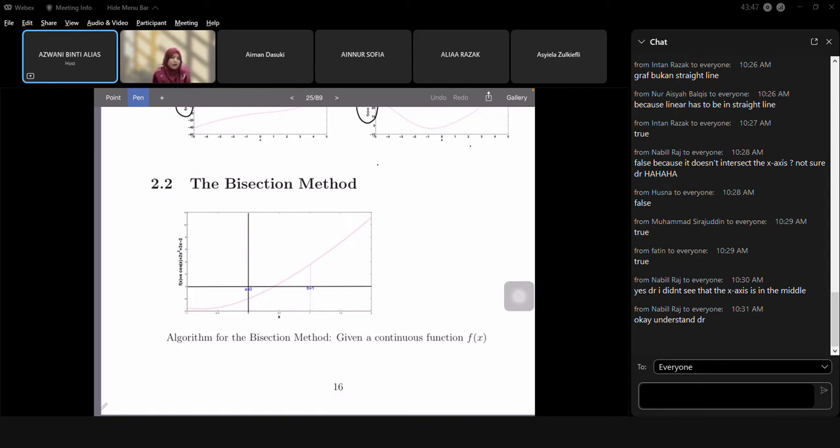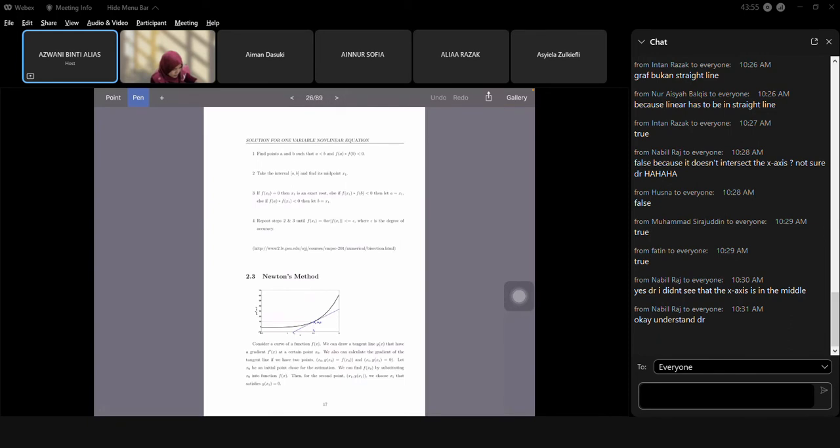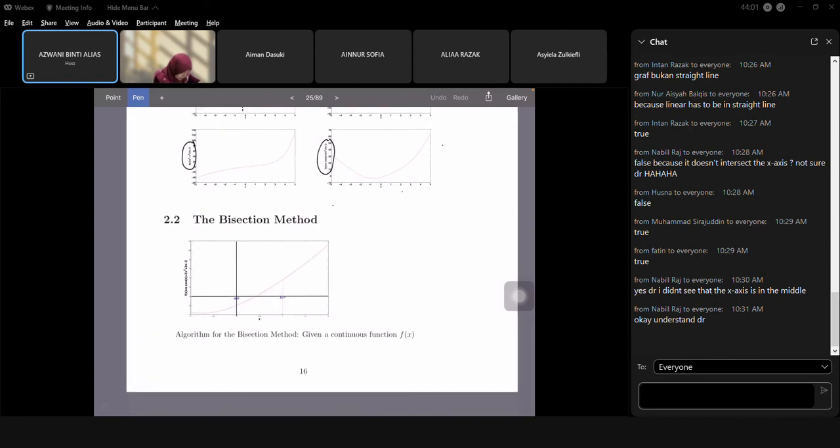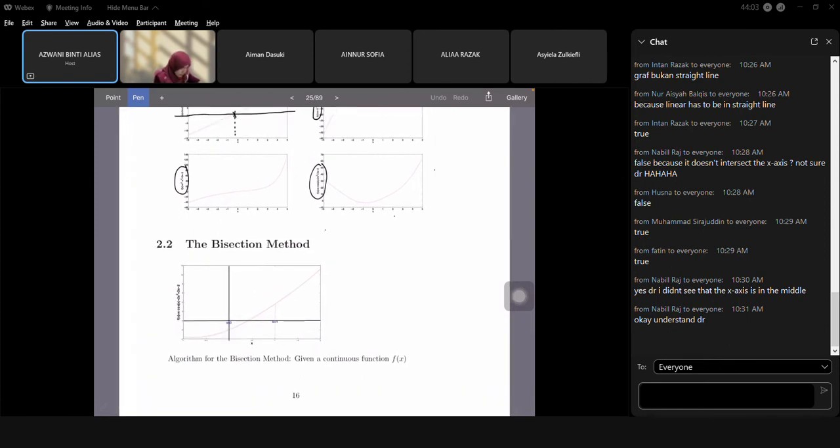This is the graph of the x cos x plus 2x square something tu. So dalam nota ni dia terus bagi the algorithm, okay? The algorithm maksudnya the step in coding lah, macam ni kita nak buat dalam coding lah.